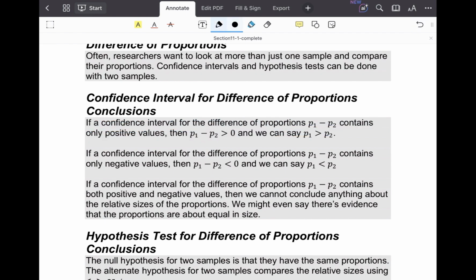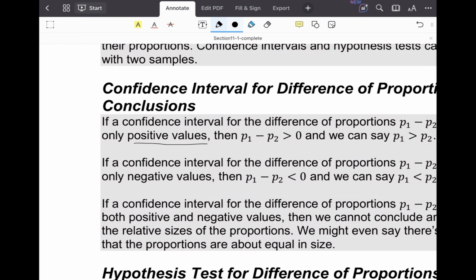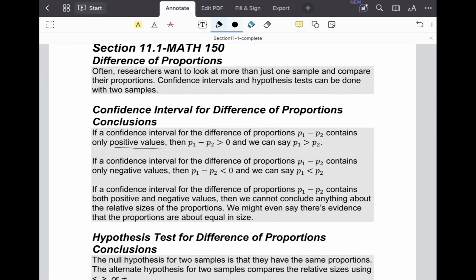It's sometimes hard to notice that it only contains positive values, so sometimes they'll write it like 3, 5, so like 3 to 5. All the values between those two are positive values, and in that case you have that relationship between those two parameters.